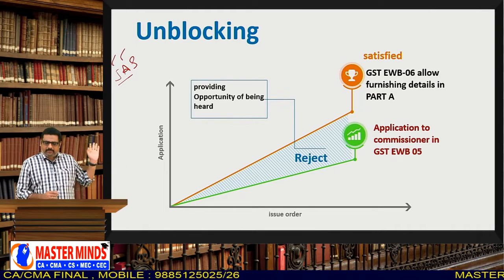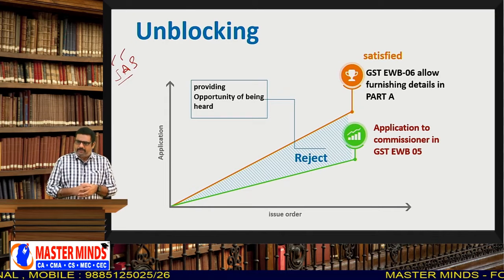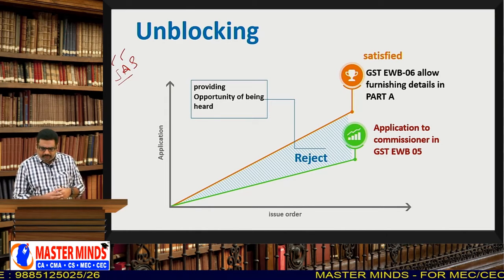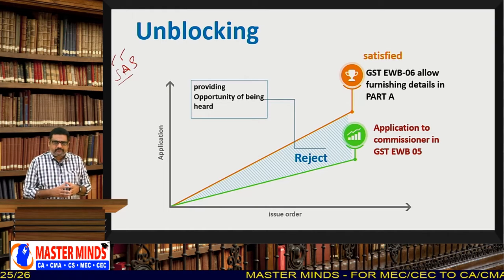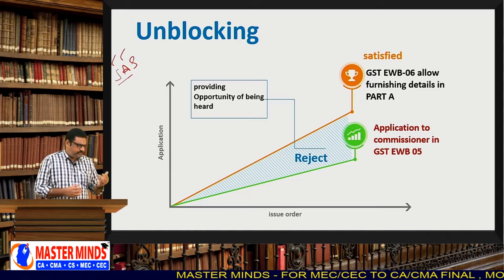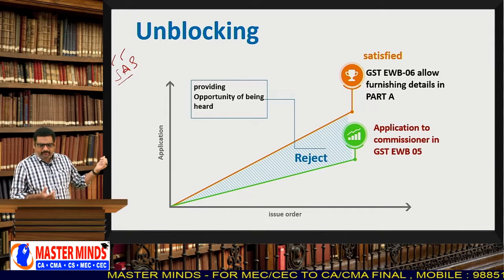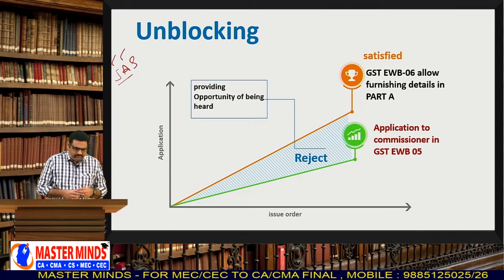If the commissioner is not satisfied, he may reject the application, but principles of natural justice should be followed. That means an opportunity of being heard should be provided. Only after providing reasonable opportunity to the business person or the SSC may the commissioner reject the application. So, in this way, unblocking can be done.